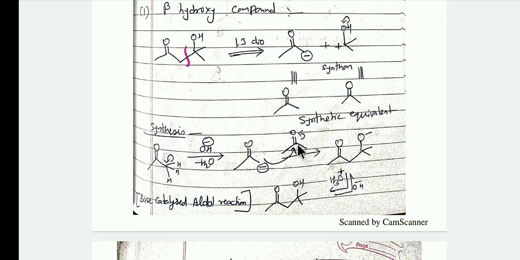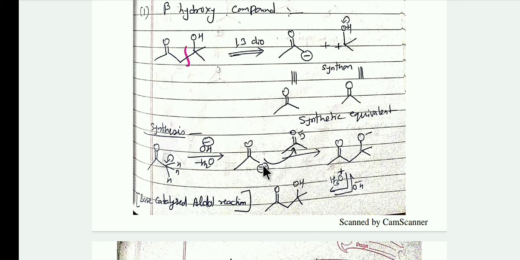Here this oxygen is more electronegative than this carbon atom, so electron can transfer to this oxygen atom. This carbon becomes positively charged and this oxygen becomes negatively charged.